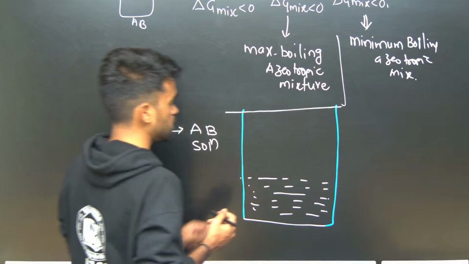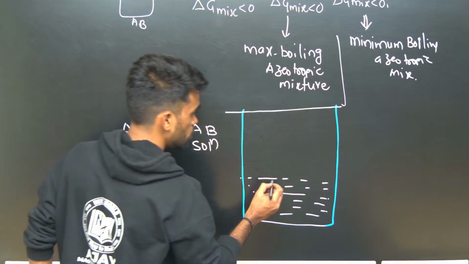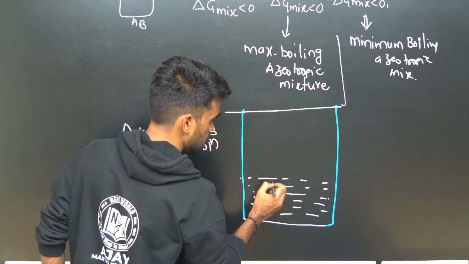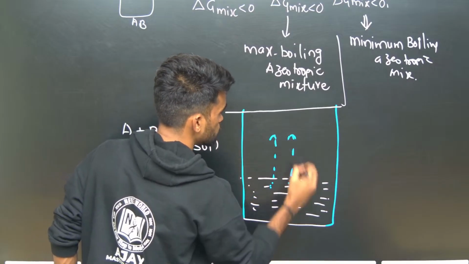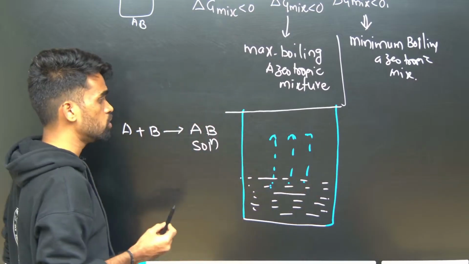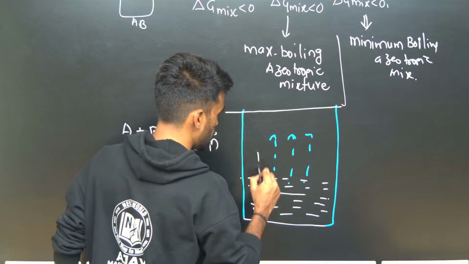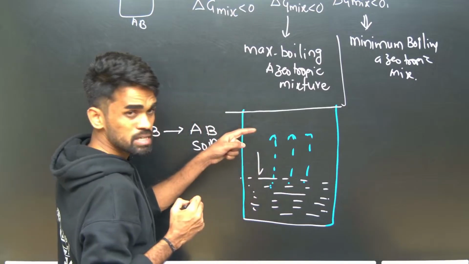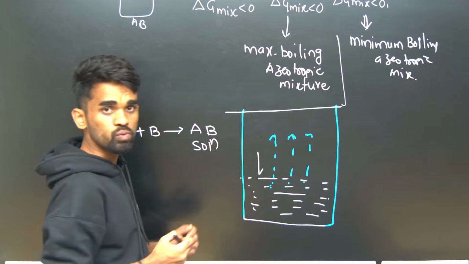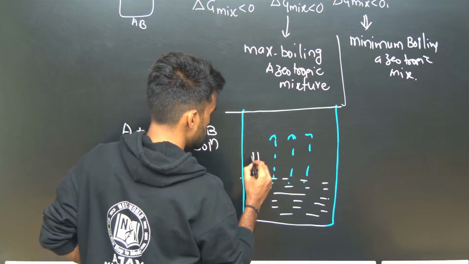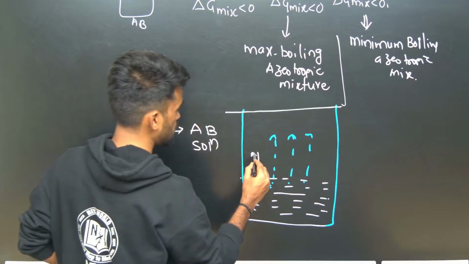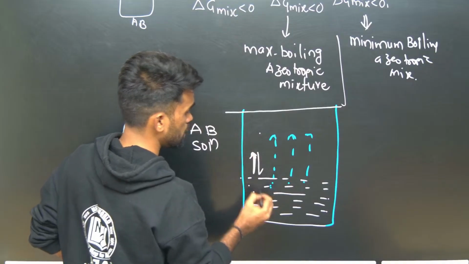So now what happens, since it is a volatile liquid, some of this liquid converts into vapors, right. So now there might be an equilibrium established between these vapors of this AB and liquid of this AB. Like this I am writing. This is the equilibrium established between the vapors and this liquid.